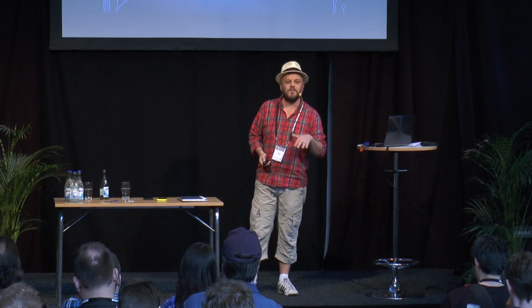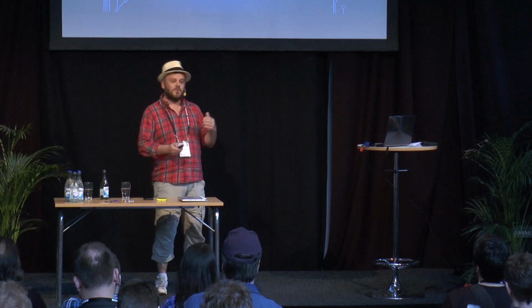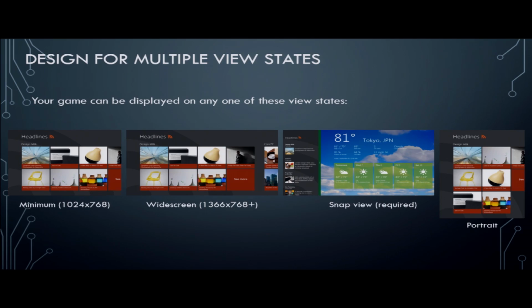So let's go to some features inside Windows 8 that you can leverage, or at least that you need to take into consideration when you build your games. So the first thing is how our views are seen. As you know, in Windows 8, we can run several applications at the same time on the screen.